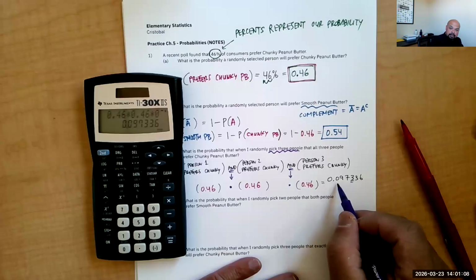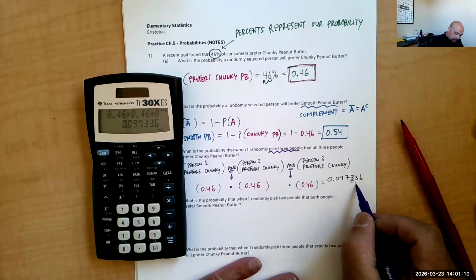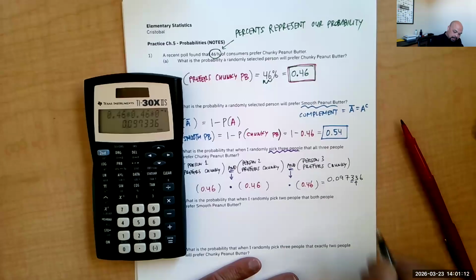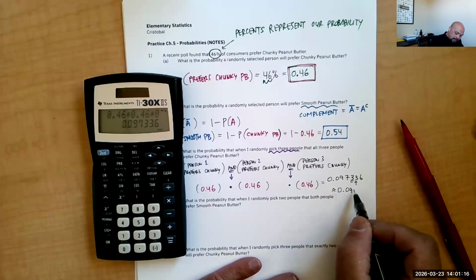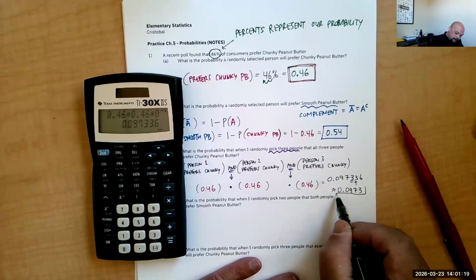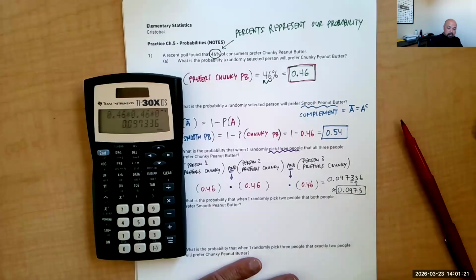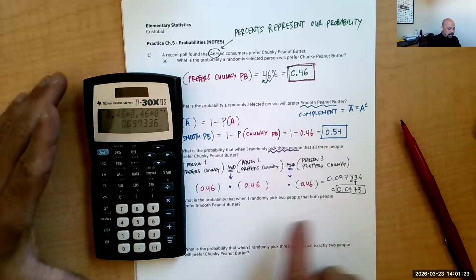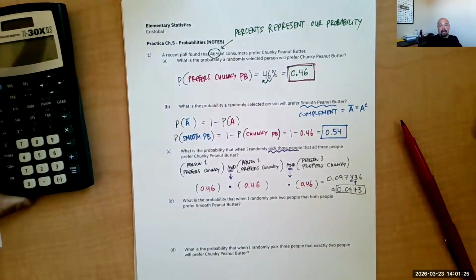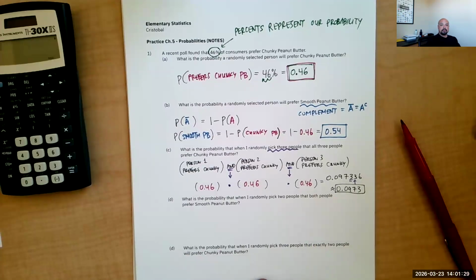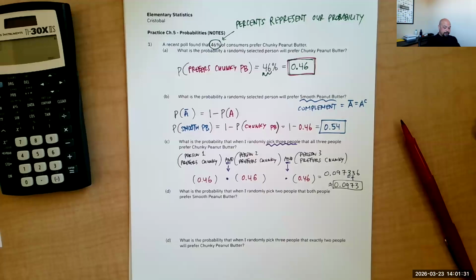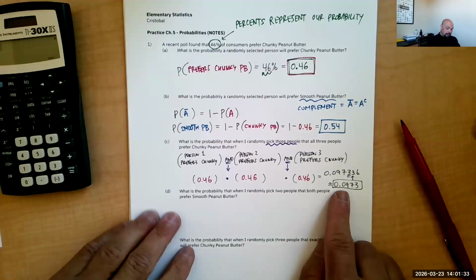Including that 0 still taking up a place value. Looking to the right, that 3 says that the first 3 can stay the same. So my rounded value is 0.0973. Right? So a low probability, not unusual yet. In terms of being unusual, if that probability is less than 0.05, less than 5%, that's when we start to say something's unusual. But there's our probability.